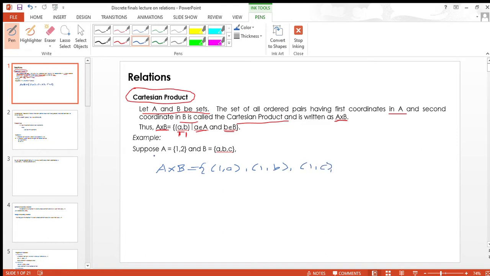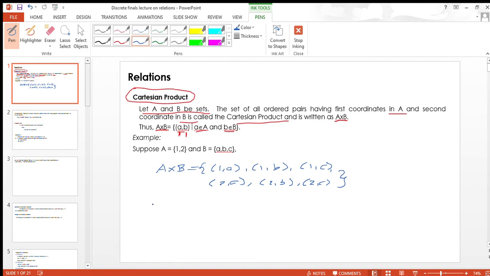So 1 is paired to a, b, and c. Then 2 is also paired to every element of the second set. Therefore, our Cartesian product will have 6 elements.